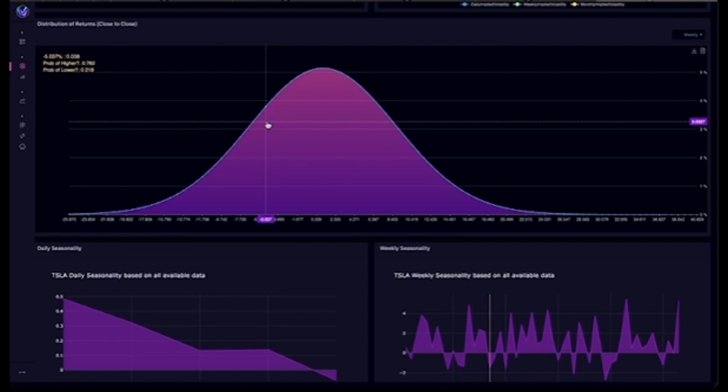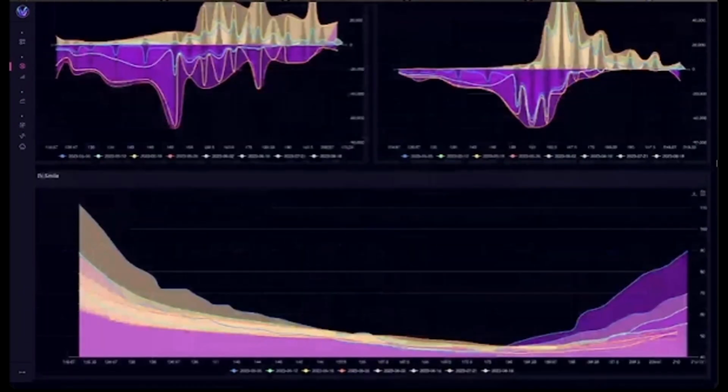So it's not that bad of an implied vol pricing mechanism in the options market. Fairly accurate, right? So that's one way to get a gauge of that.